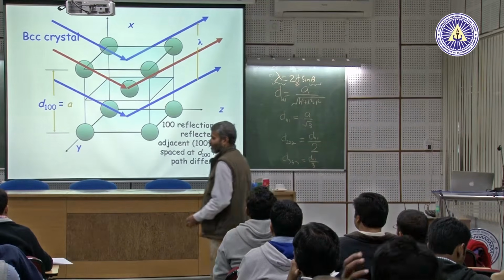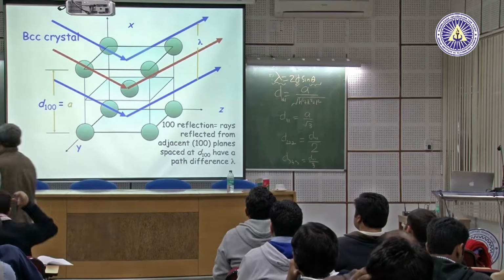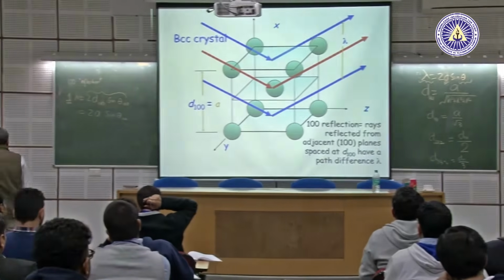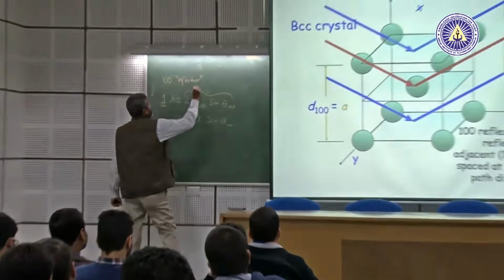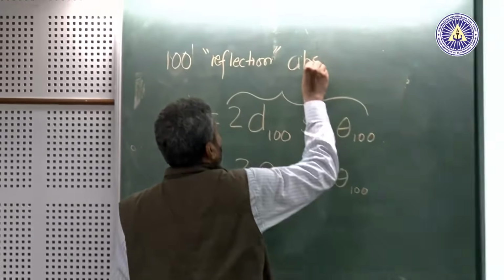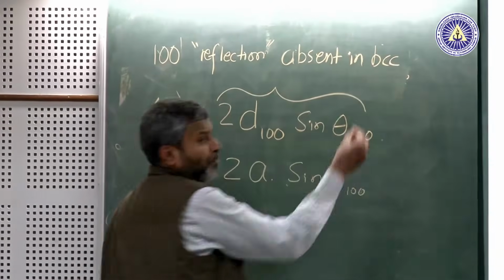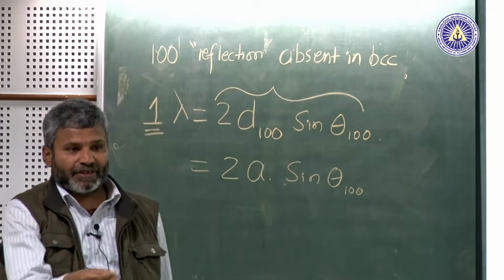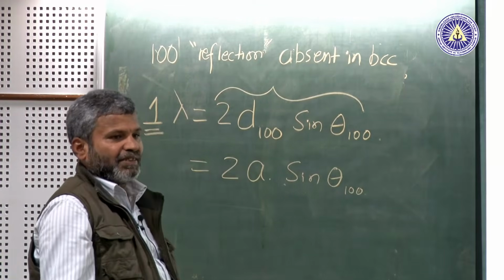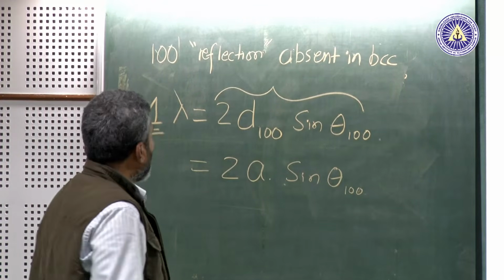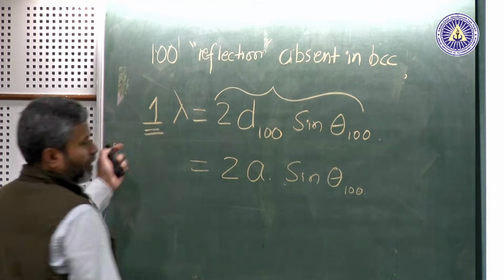That is why there is no reflection, 100 reflection absent. We will do it a little bit more mathematically by structure factor, but this is an intuitive way of seeing why 100 is absent in BCC.